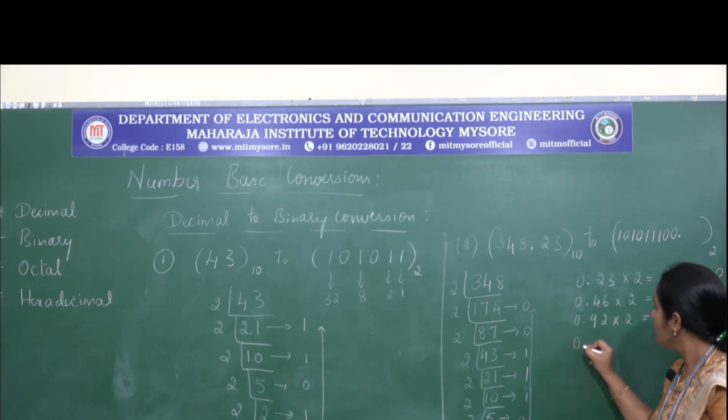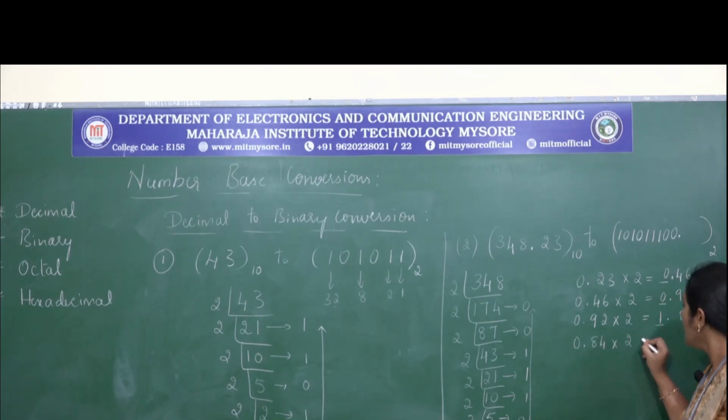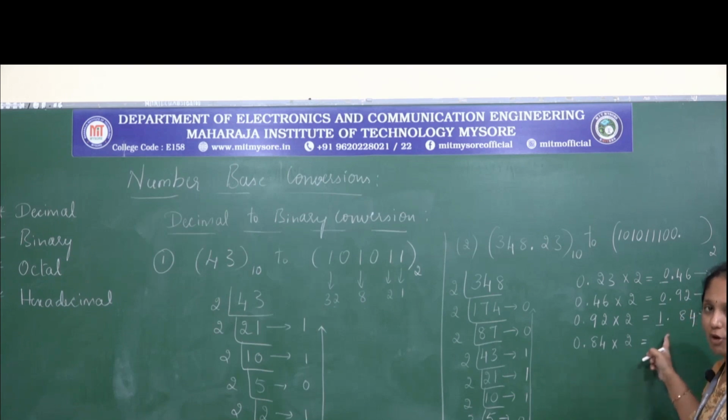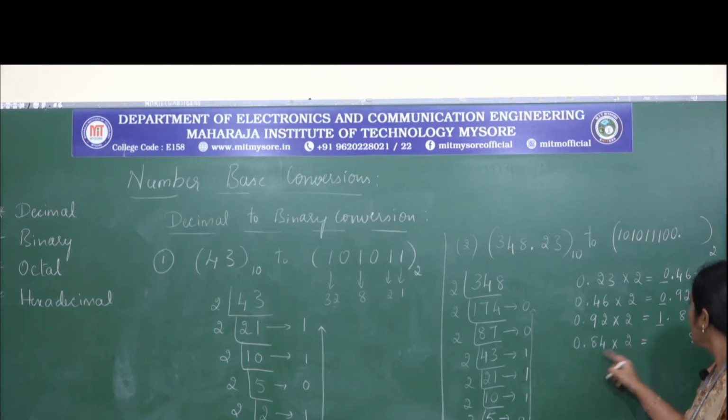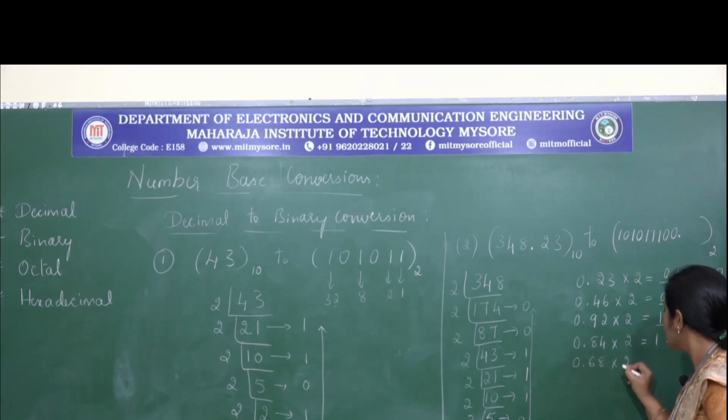Only the digits after the decimal point, that is 0.84, need to be carried further and 1 should be dropped here. Now 0.84 into 2, so 8 2s are 16, we are going to get 1.68, so you need to record the digit as 1, and for the next step you need to send only 0.68.